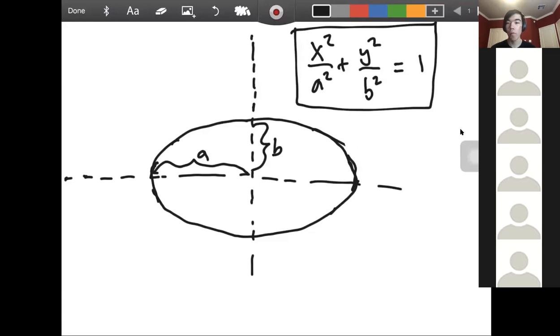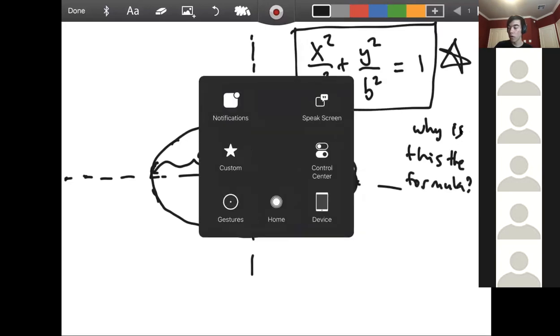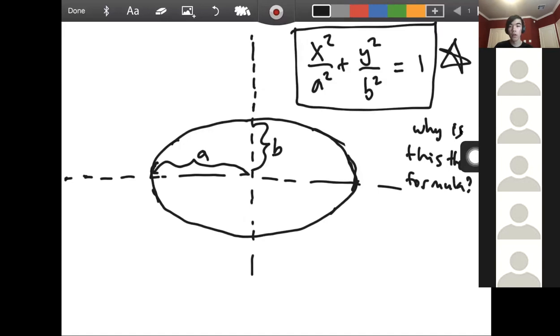So once again, do you guys understand why this is the formula? Why is this a formula? You don't need the Pythagorean theorem for this formula. I mean, I guess maybe.